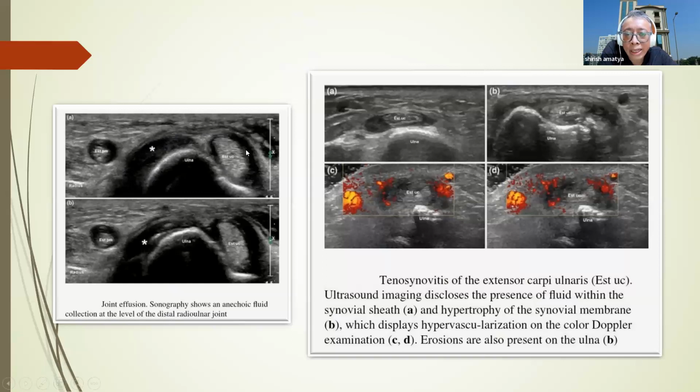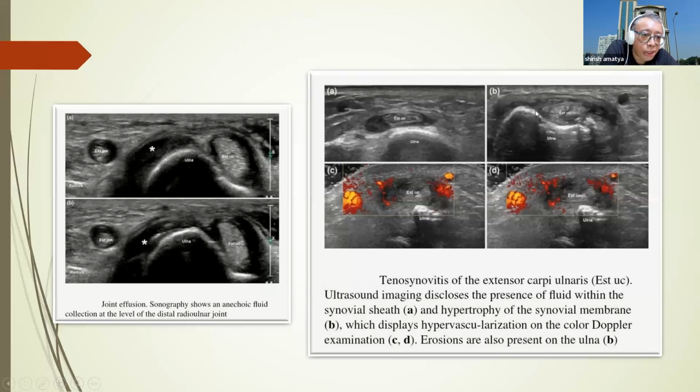So black anechoic structure surrounding the ulnar ligaments on either side of the joint. So these are the pictures of rheumatoid arthritis in the ultrasound. Similarly, in the right side of the picture, you can see the effusion around the extensor carpi ulnaris. So this is the tenosynovitis of the extensor carpi ulnaris seen in rheumatoid arthritis.